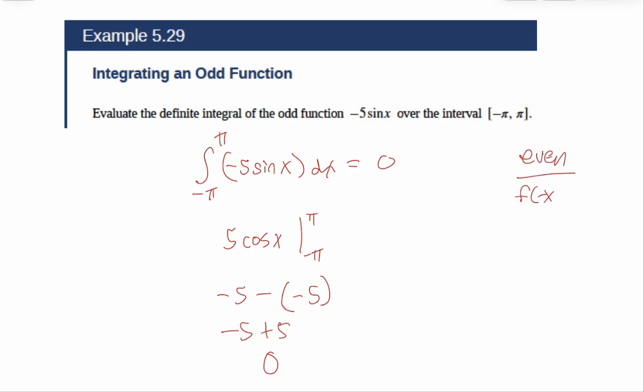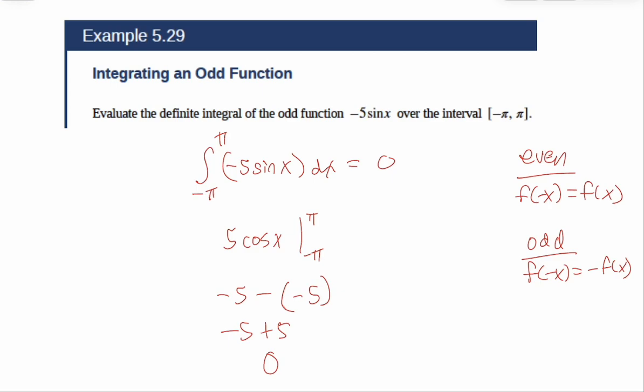If you plug in a negative for an even function, it should go away. It shouldn't have any effect on the problem. For an odd function, if you plug in a negative, it is the opposite of the original. So that's a way we can tell. If you plug a negative into the sine, it pops out and it does become the opposite. So -5 sine of negative x is +5 sine of x.